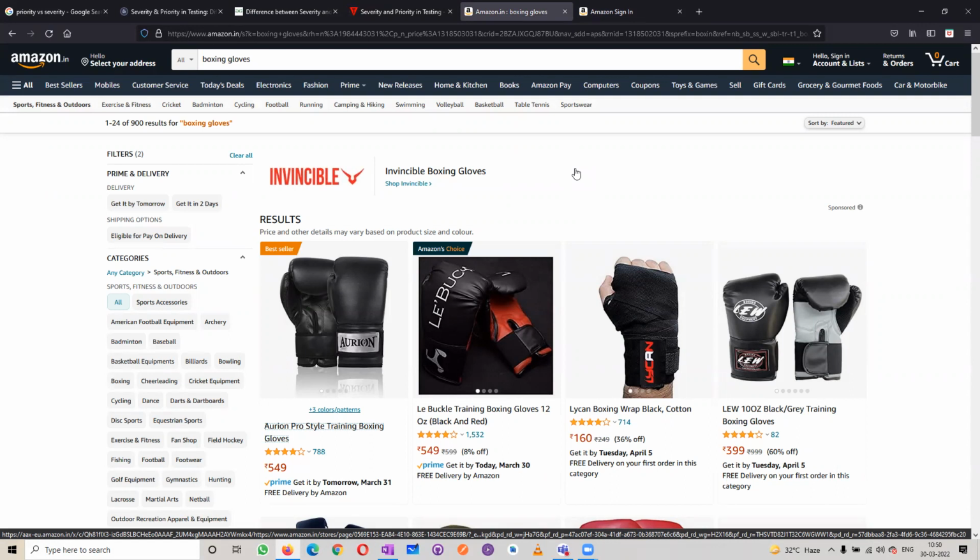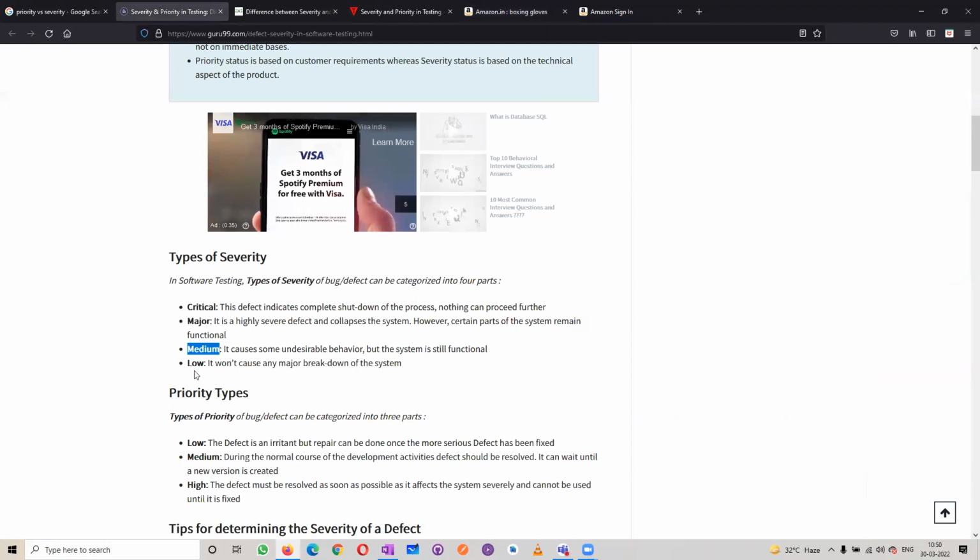The seriousness is not so big, but it needs to be fixed. Say, for example, you have high eyesight power. That needs to be fixed, but it will not threaten your life. If you fix that particular bug, you'll have proper vision. Those are the things we can classify as medium.